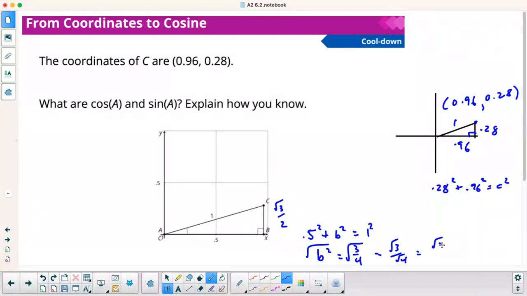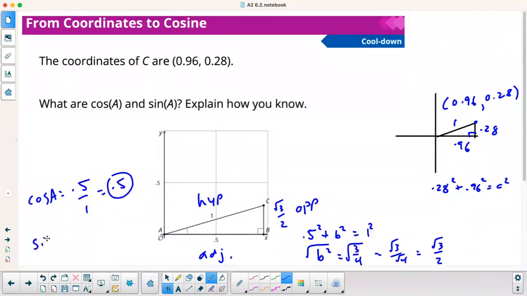That's how you get the square root of 3 over 2. So the cosine of A would be adjacent over hypotenuse. This is my adjacent side, this is my hypotenuse, this is the opposite. So it'd be 0.5 over 1 for my cosine of A, which is just 0.5. Sine of A is opposite over hypotenuse, so radical 3 over 2.